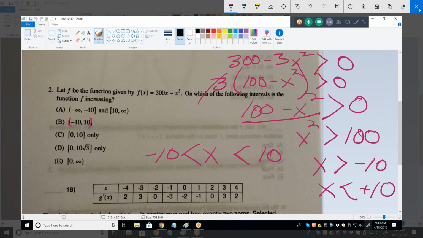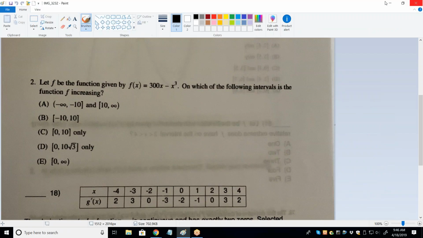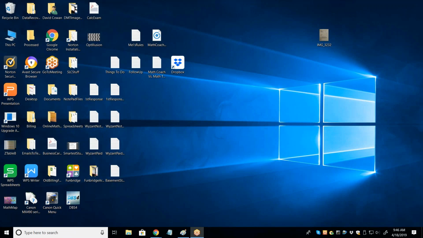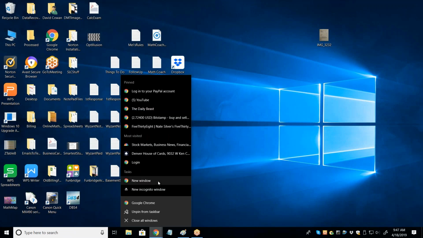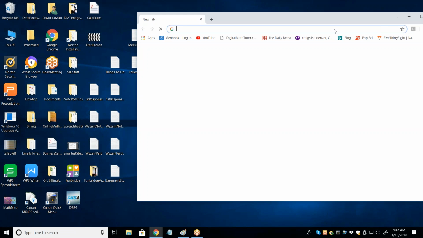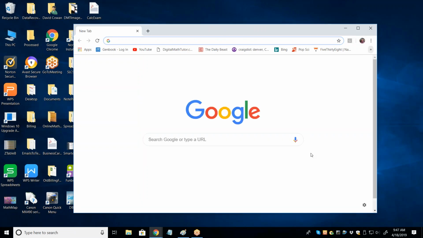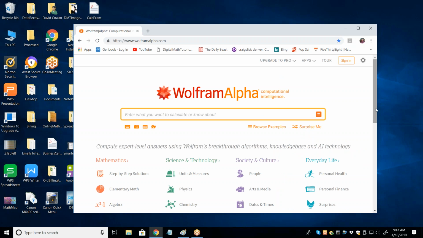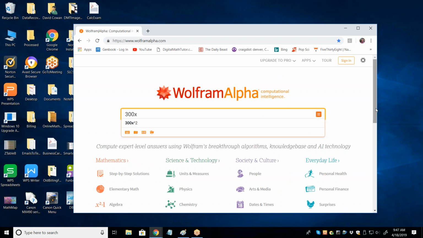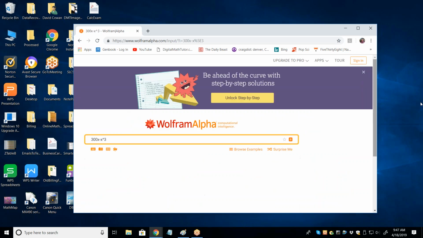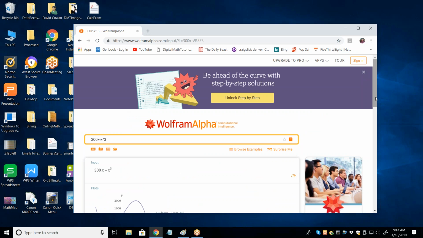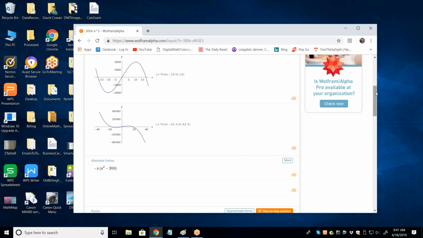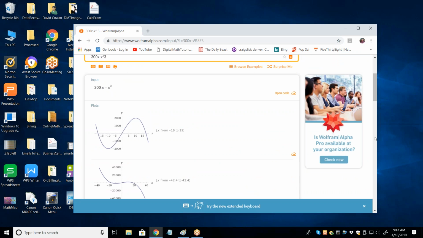I'll just graph this real quickly. 300x minus x cubed. And the question is, where is that increasing?